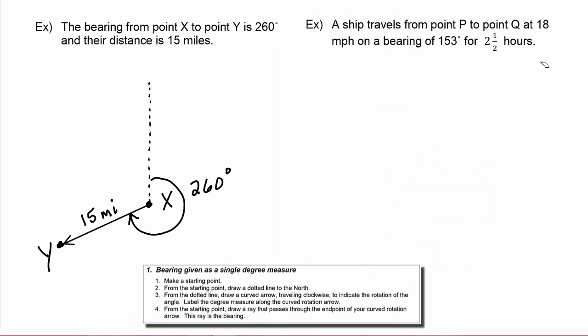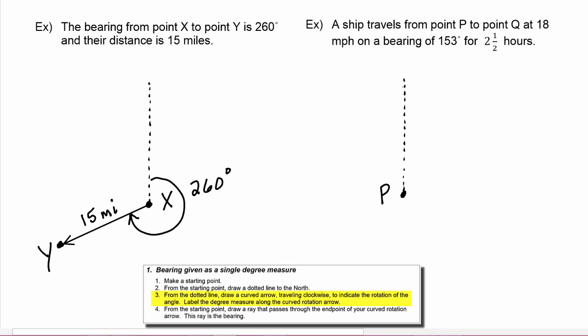Step 1, make our starting point. And because we're measuring from point P, we know we have to call it P. Step 2, draw the dotted line to the north.